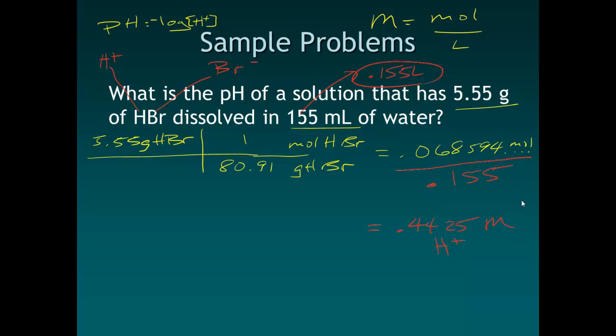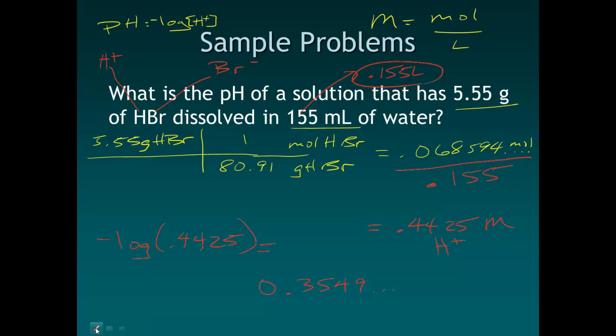We just don't care. So now I can take that number and do the negative log of 0.4425, etc. Just use all the numbers on your calculator and hit equals. And at that point, I get 0.3549 and some more numbers.